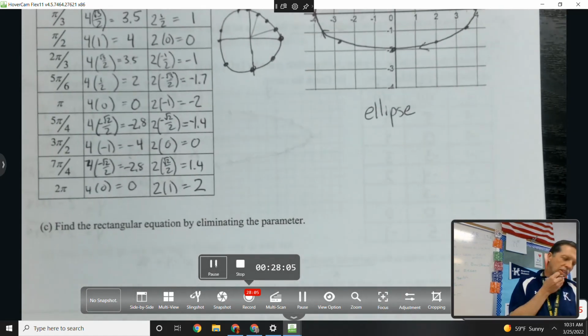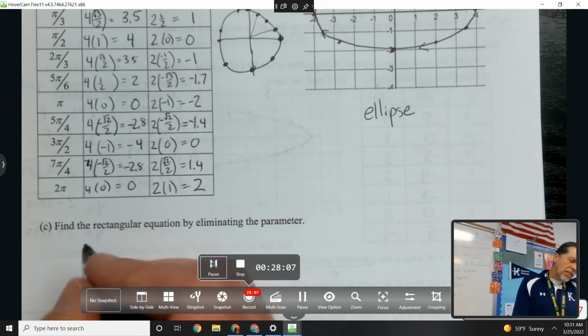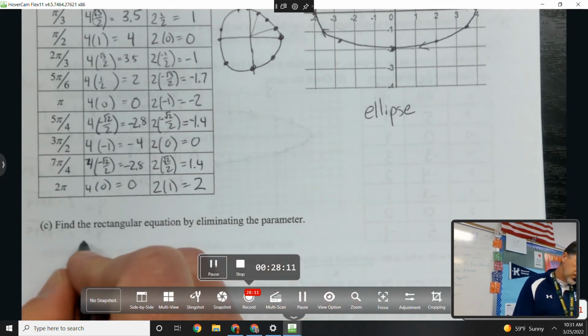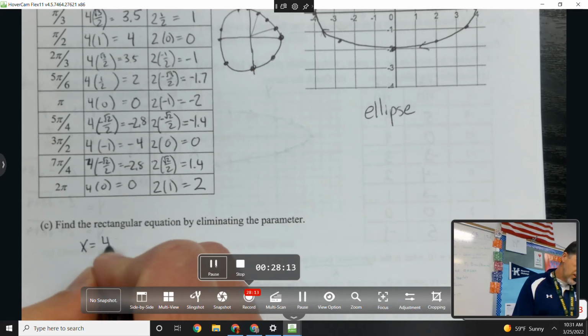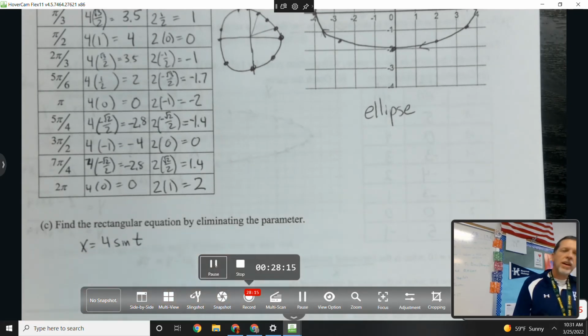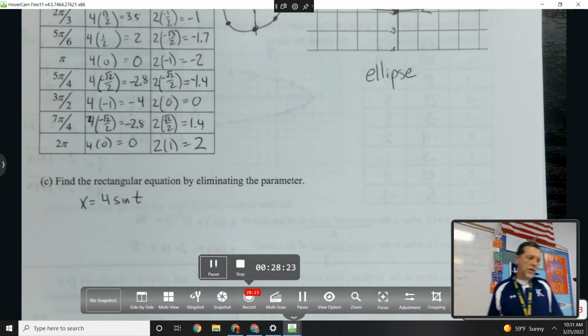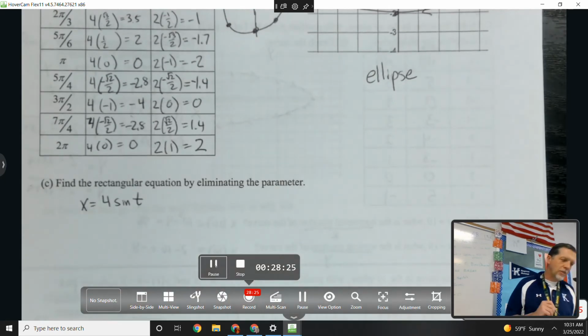All right, part C. Find the rectangular equation by eliminating the parameter. X equals 4 sine t. Now, don't try to race ahead of me on this one because we're going to do something different here. If I want to solve for t, what should I do first?